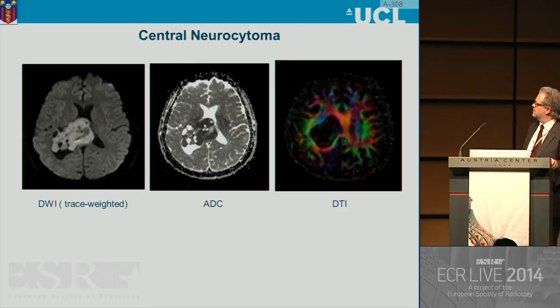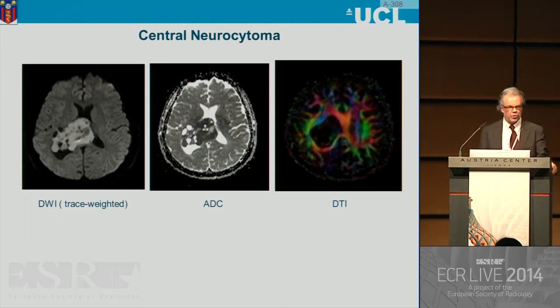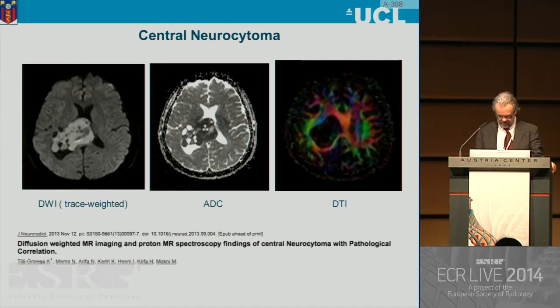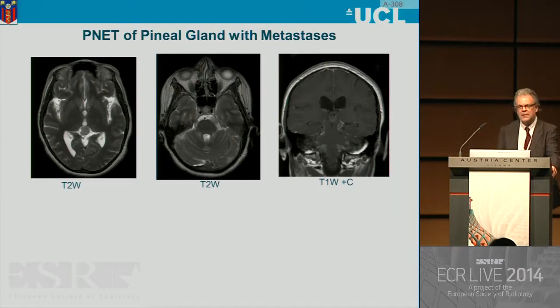And this is the diffusion tensor imaging showing that the tracts are displaced rather than invaded by this intraventricular tumor. So the last one, a nice paper to recommend to look at the diffusion characteristics there. So if we then have another example of a pineal tumor, it's T2 weighted.